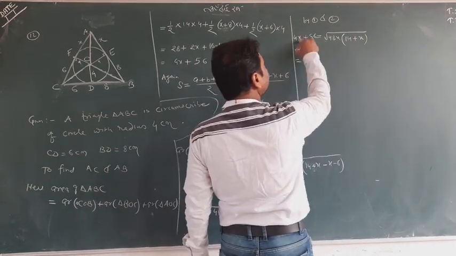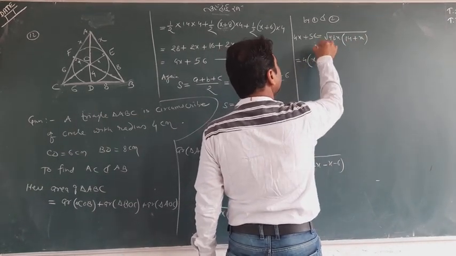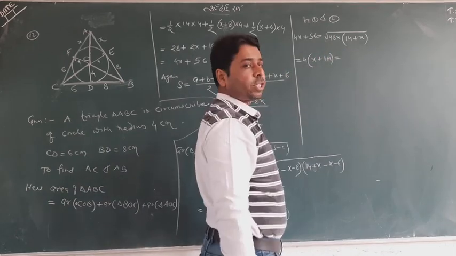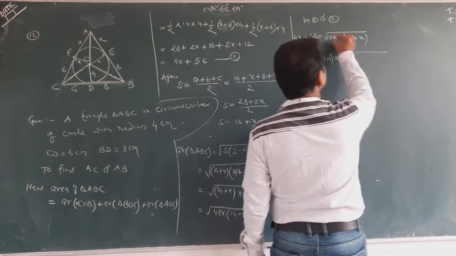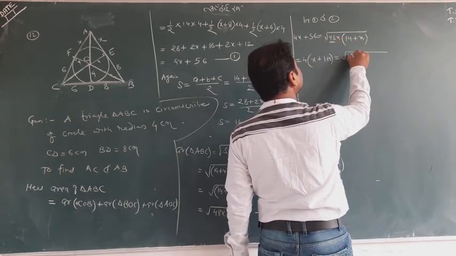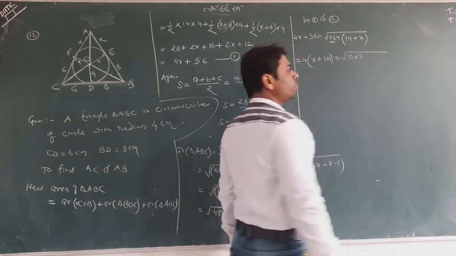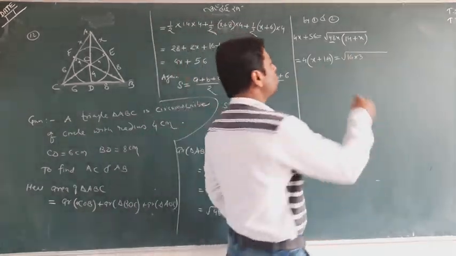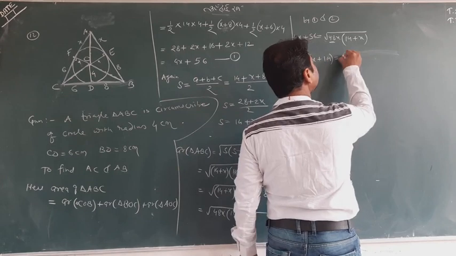Now I'll take common 4: 4 times x plus 14. Now very interesting, I'm telling you, look at it. This 48 is actually 16 into 3. 16 times 3 is 48. 16 will come out as 4, so I am writing 4 directly outside.